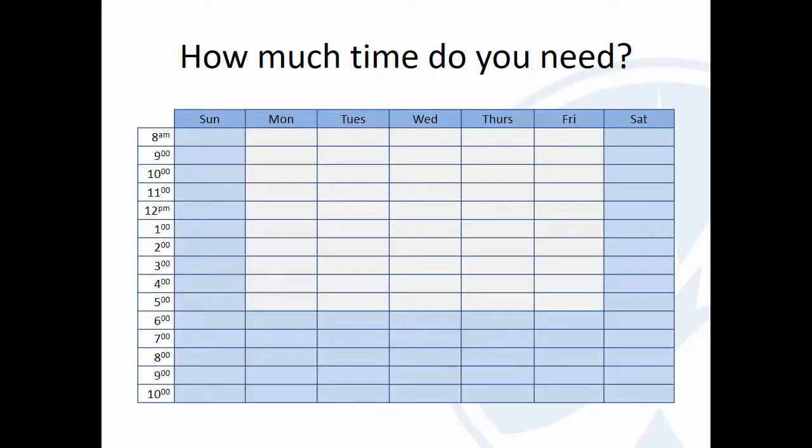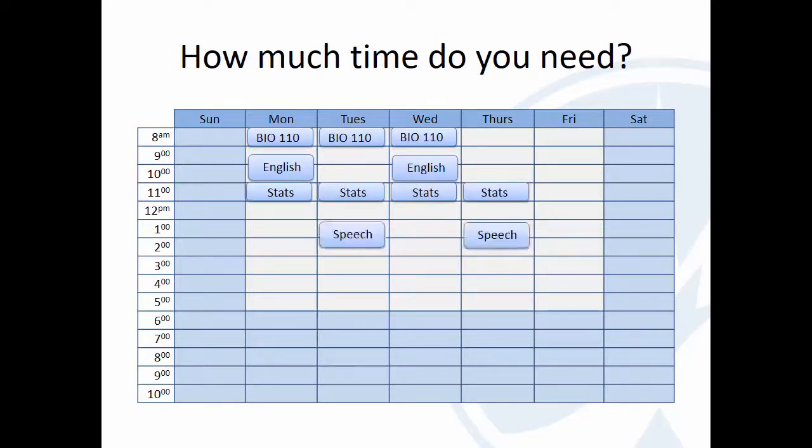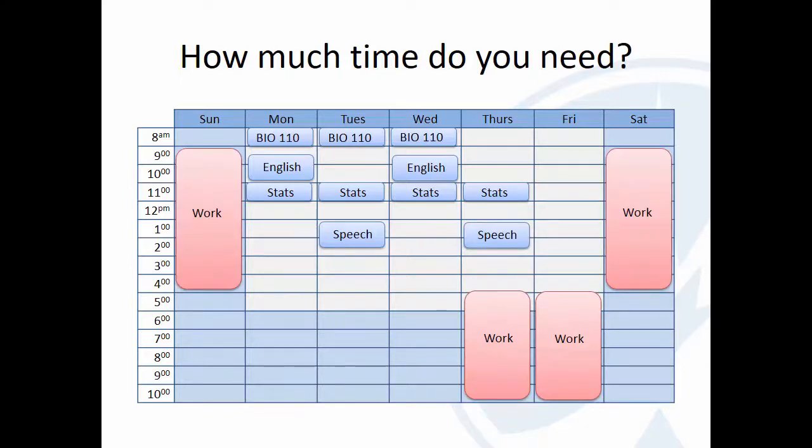So if we think of a typical student, well, not a typical student actually, so we'll think of one example of a student. Say this is a full-time student, got a biology course, maybe English, some statistics, speech, maybe work Thursday, Friday night, and then on Saturday and Sunday. So if we think about that, each of these courses, each hour we spend, we are expected 2 hours outside of class.